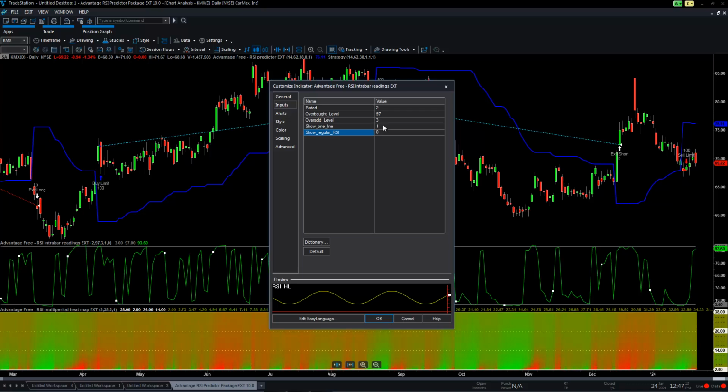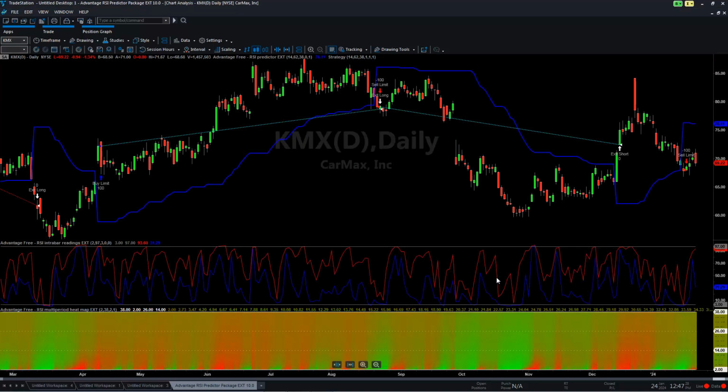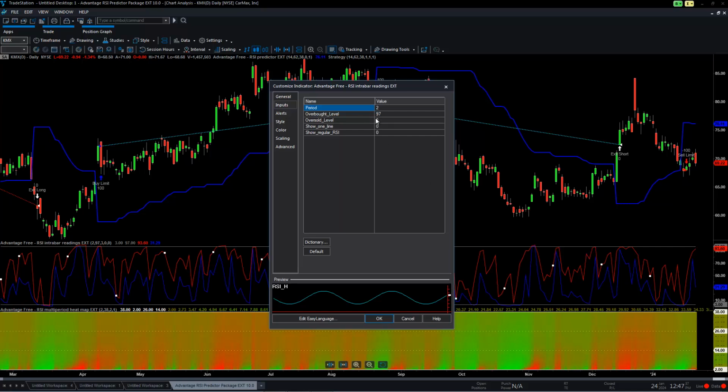So above 50 points, you'll usually see the high watermark. Below 50 points, you'll usually see the low watermark, the blue and the red line. So let's see right here, the high watermark red, low watermark. Let's go back to one line.